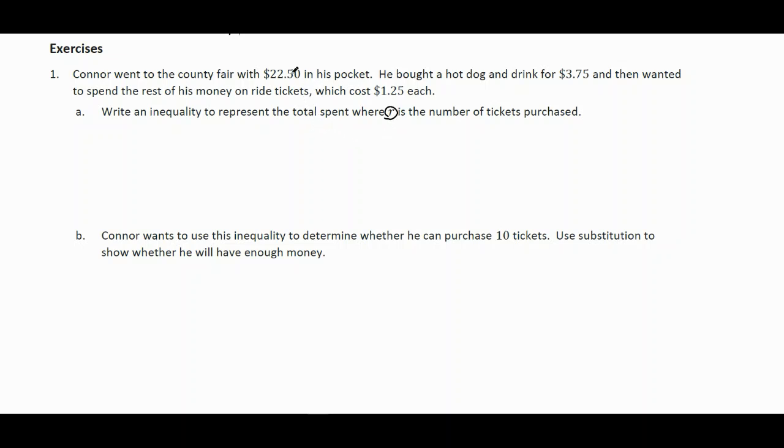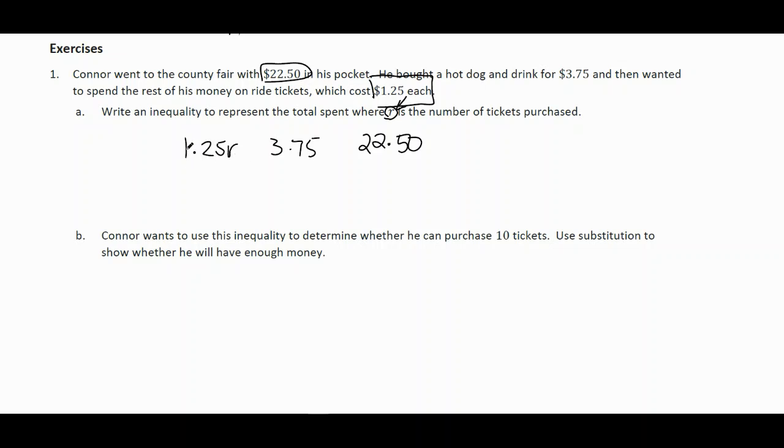So it says here, of course, we have a limit of $22.50. That is our limit because that is the only money that Connor has for this particular day that he went to the county fair. And of course, he already bought a hot dog and a drink, which cost $3.75. And each ride costs $1.25, which is linked to the given variable. So we're going to use 1.25R.